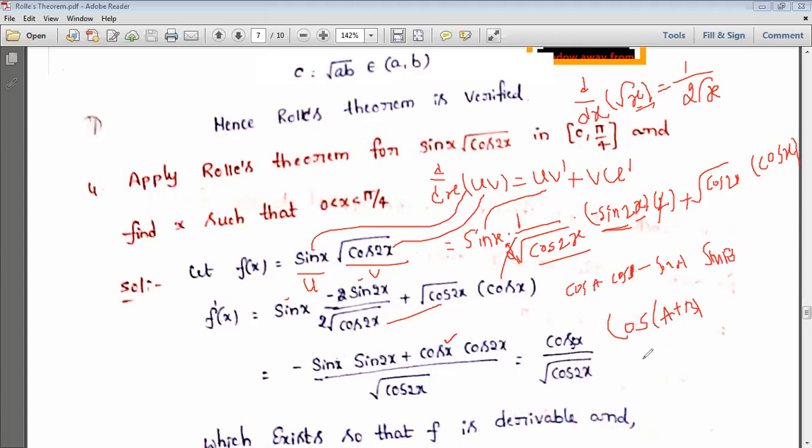So cos of A plus B is cos of x plus 2x, which is simply cos 3x. Then I got it as cos 3x by square root of cos 2x.